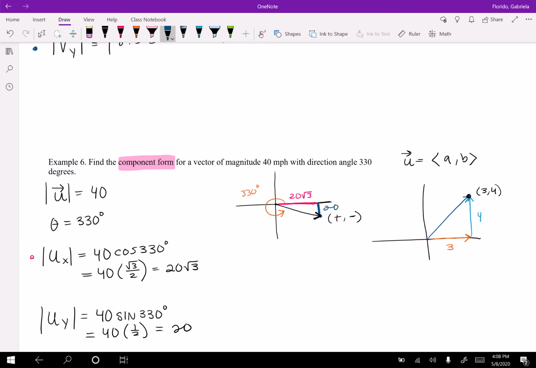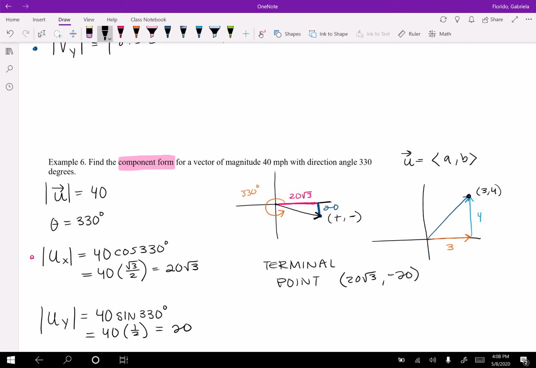So again, we're going to use these to help us find that point. And so that point there, that terminal point, totally misspelled terminal, that terminal point is going to be: the x coordinate is 20 square root of 3, and my y coordinate is going to be negative 20, because again, we're in the fourth quadrant.